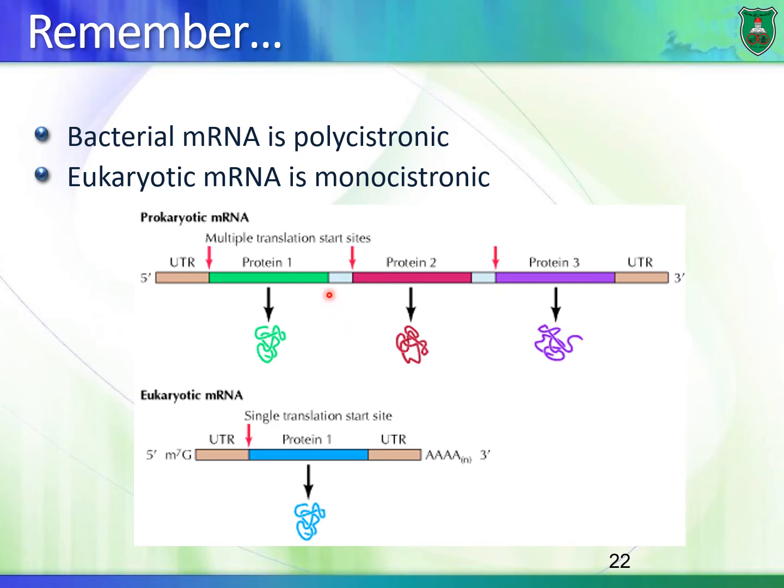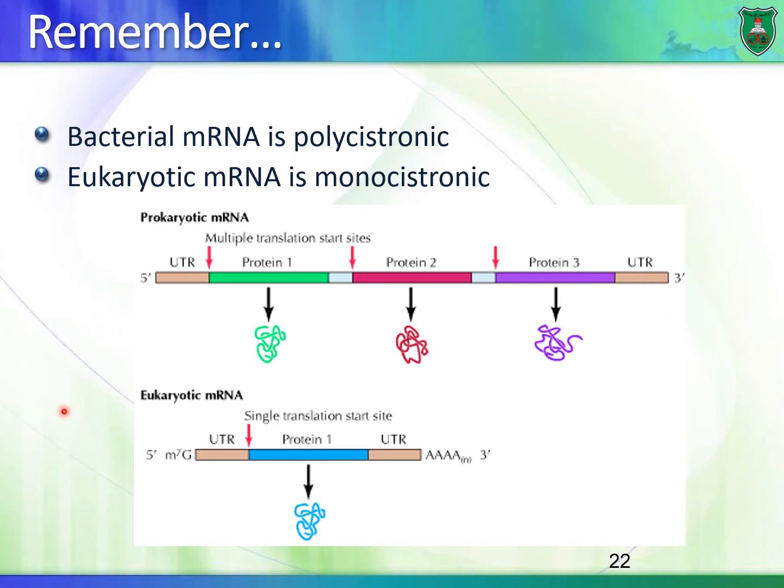Okay, and for the part that produces protein A, you have a stop codon right here, you have another stop codon right there, and you have a third stop codon in here. Remember, we also have a 5' untranslated region and a 3' untranslated region.